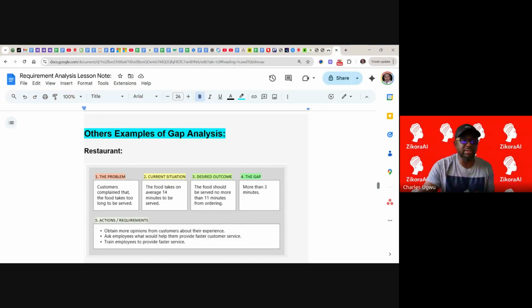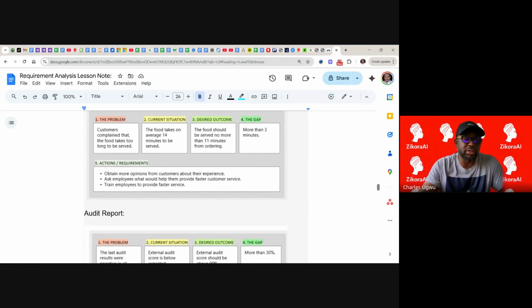What is the problem? What is the issue causing the problem? With that, we'll try to find out if there is a gap that we need to fill up, or if there is a recurring problem that needs a permanent solution. That will determine the kind of analysis we are going to use.